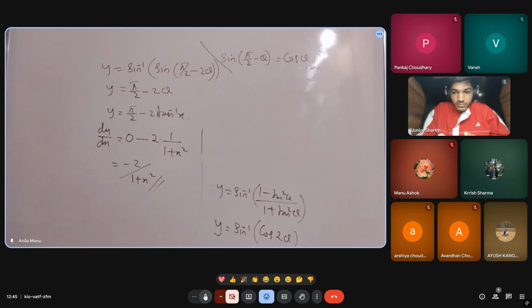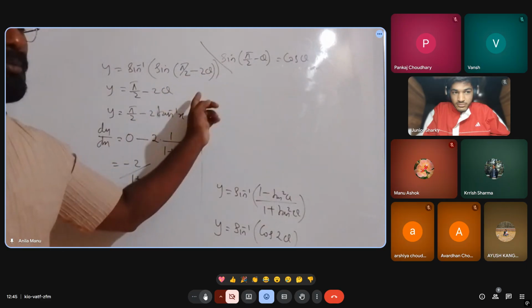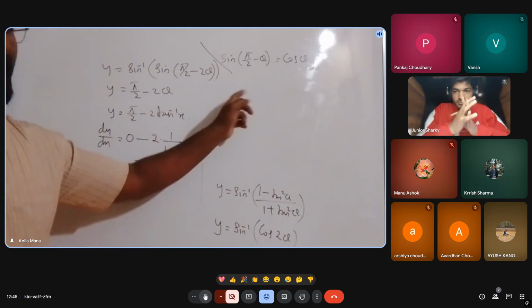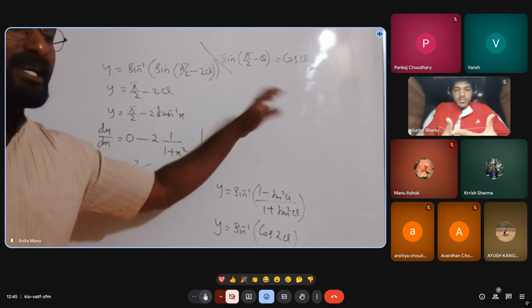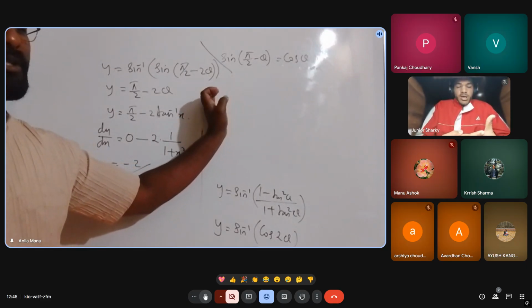Did all of you complete? In some of the questions, you may get restrictions, like in the bracket you have minus 1 by root 2 less than x less than 1 by root 2. So always check the restriction.